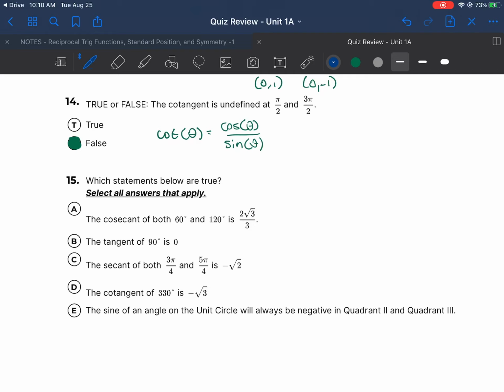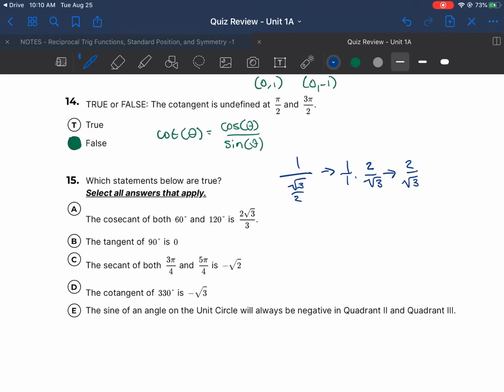So let's think about what the cosecant is. The cosecant is the reciprocal of sine, so 1 over the sine. So if I look at 60 degrees, the sine at 60 degrees is square root of 3 over 2. So if I did 1 over the square root of 3 over 2, because we want 1 over the sine, well, this would be 1 over 1 times 2 over square root of 3, which is 2 over square root of 3.